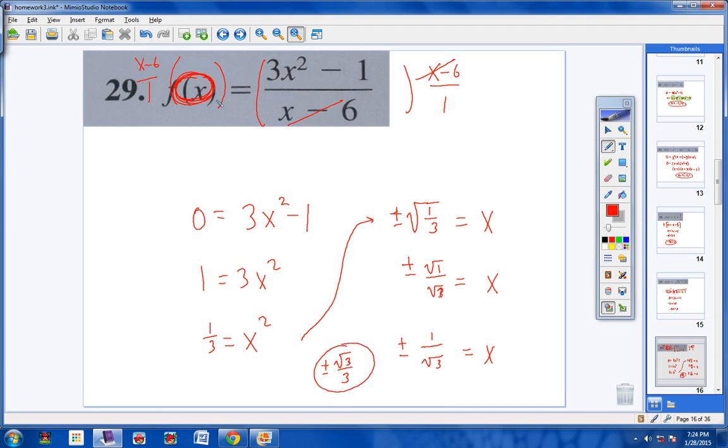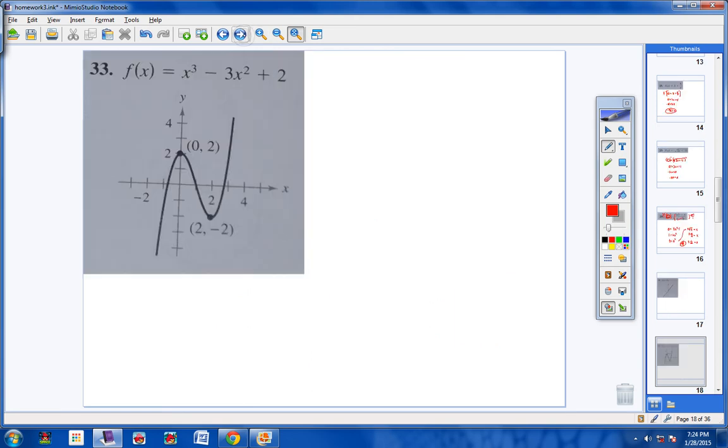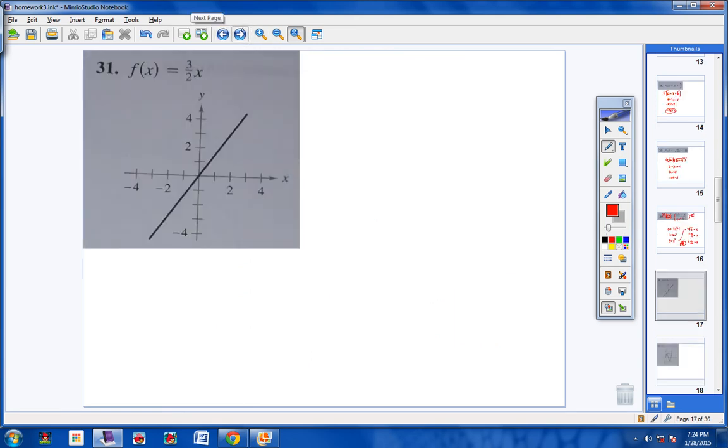Okay? Alright, moving on to numbers 31 and 33. The directions say to determine the intervals over which the function is increasing, decreasing, or constant, and then determine whether the function is even, odd, or neither.